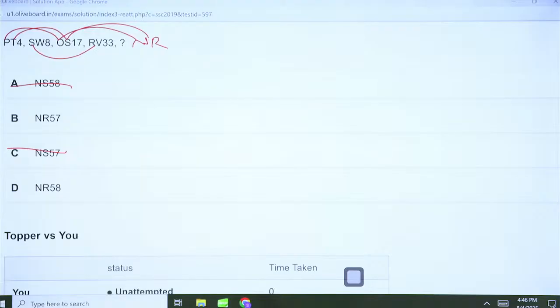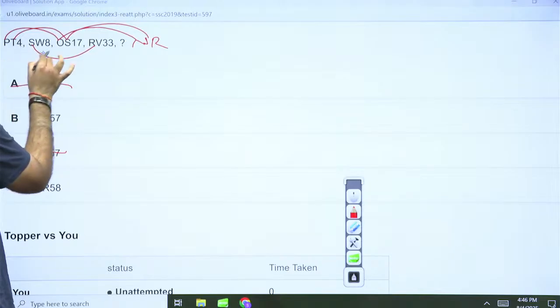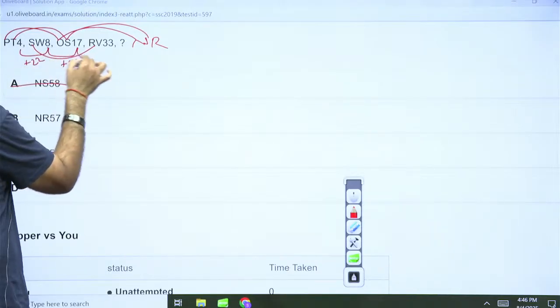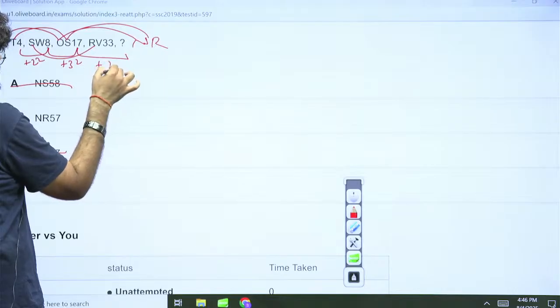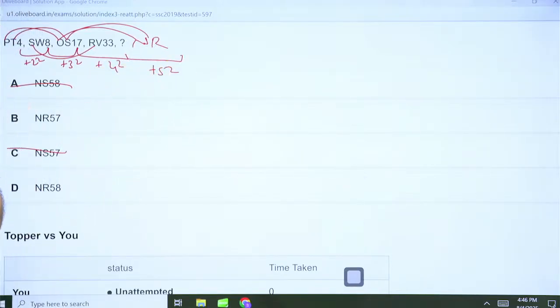What am I missing here? Plus 4 plus 9. Plus 2 square, plus 3 square, plus 4 square, plus 5 square. 25, 5, 3, 8, 58. Option D is the right answer.